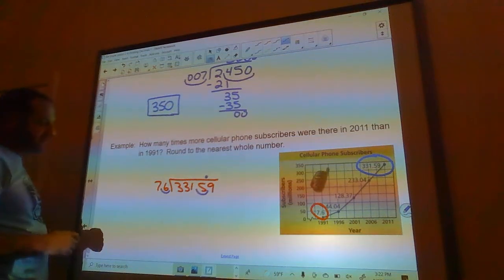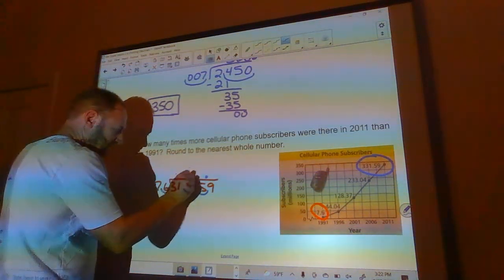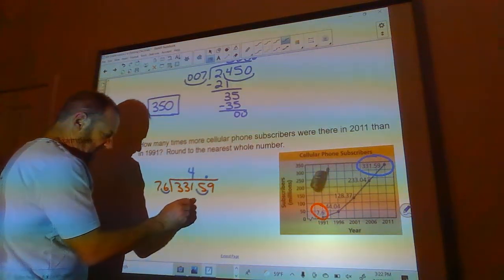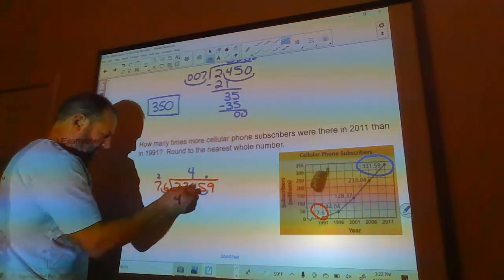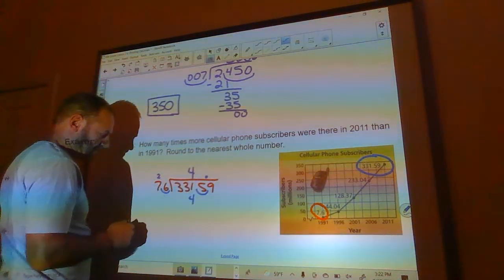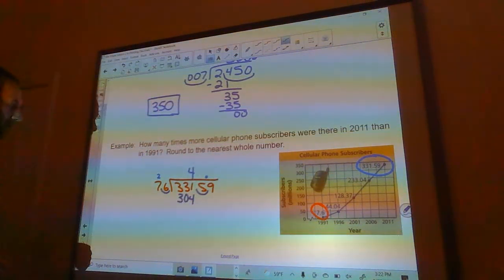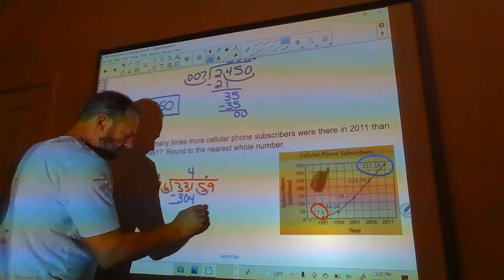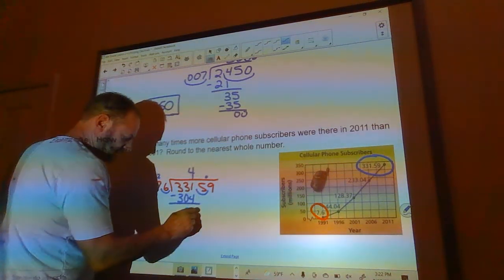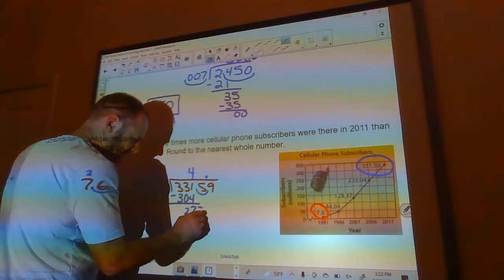So, how many times? About maybe 4 times? Let's try 4. 4 times 6 is 24, carry my 2. 4 times 7 is 28, plus 2 is 30. Okay, so 304. So that leaves 27. Drop my 5 down.